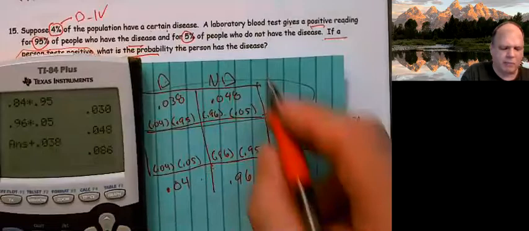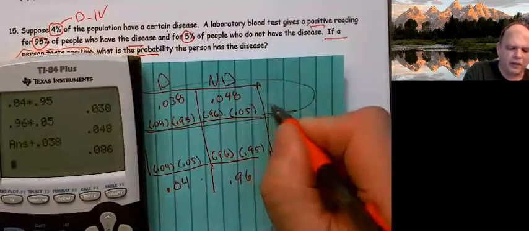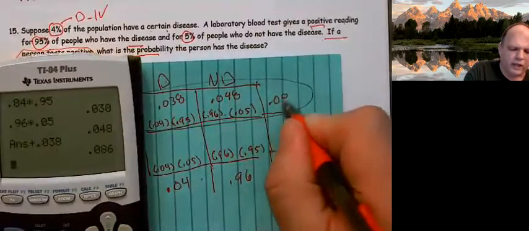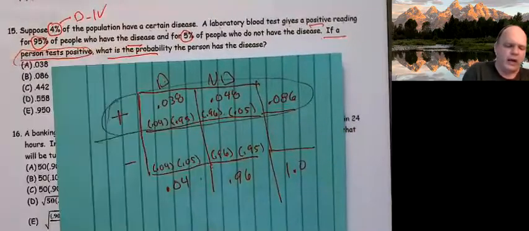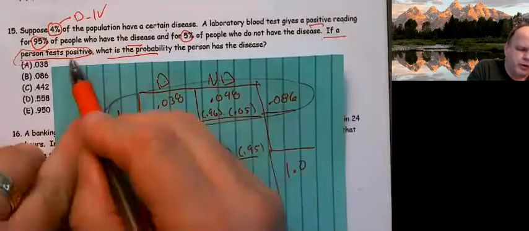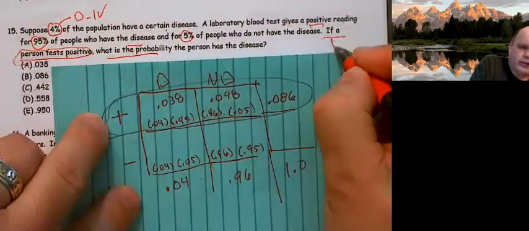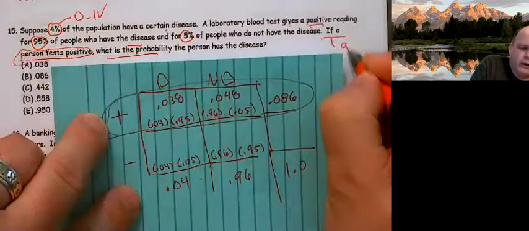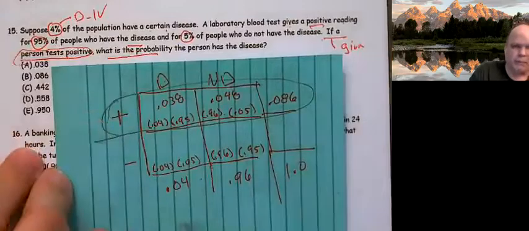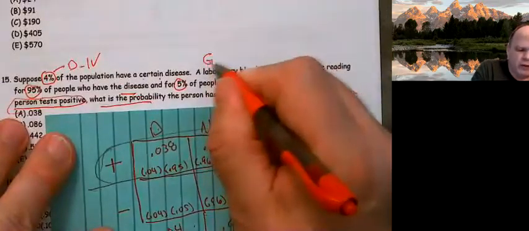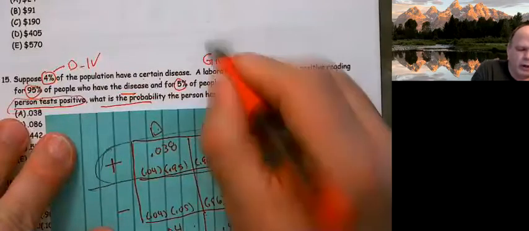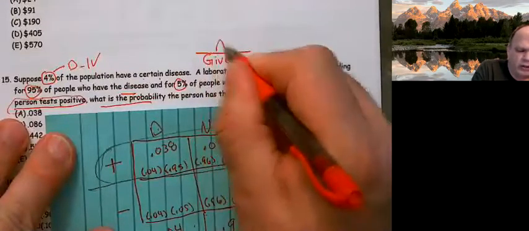If I add those two numbers together, I find out that the probability of being positive is 0.086. And I'm going to need that, and here's why. If a person tests positive, this is just like using the word given. And we know whenever they say given, given goes in the denominator, and we know we're going to have an intersection on top.